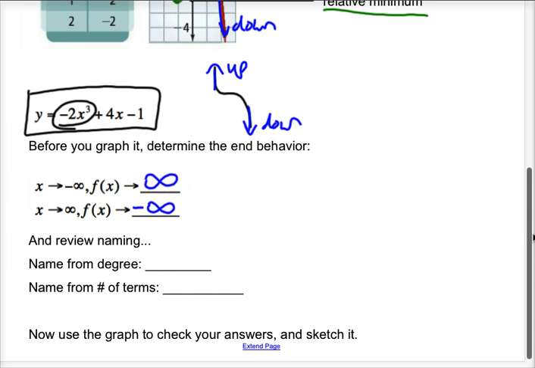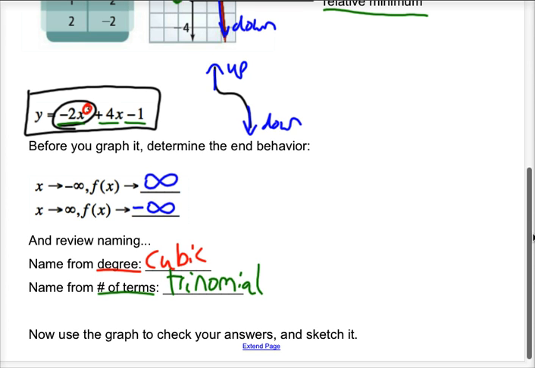So naming based on degree, that cubed right there, that 3, means it is a cubic function. Based on number of terms, well, I see 1, 2, 3 terms. So that means it is a trinomial. Okay? So let's not forget those couple things.